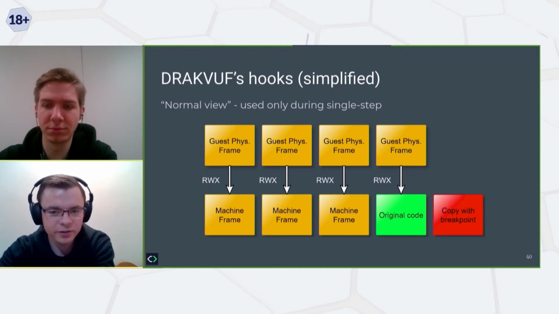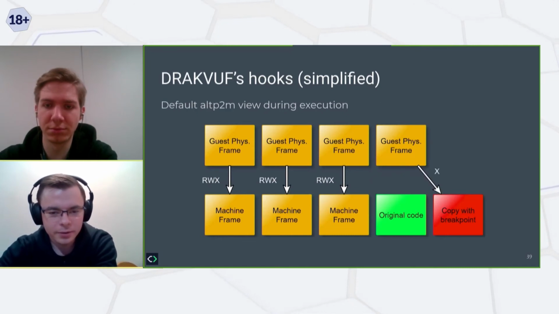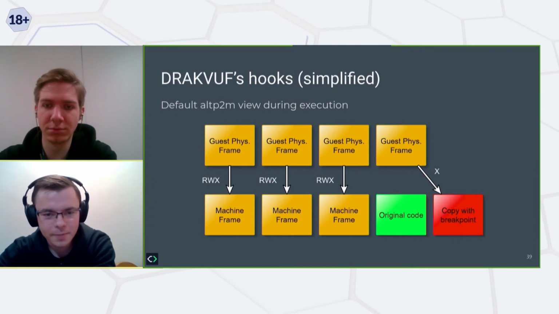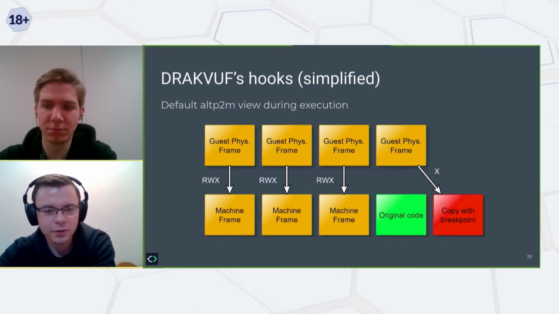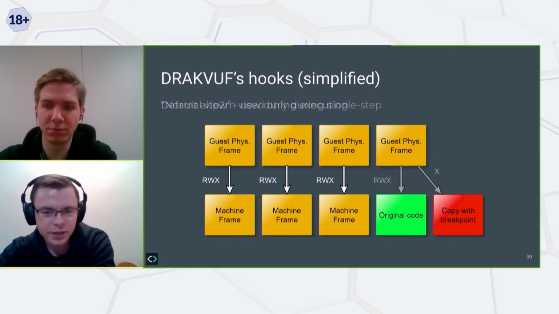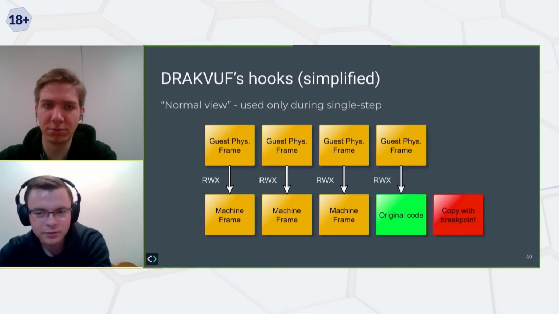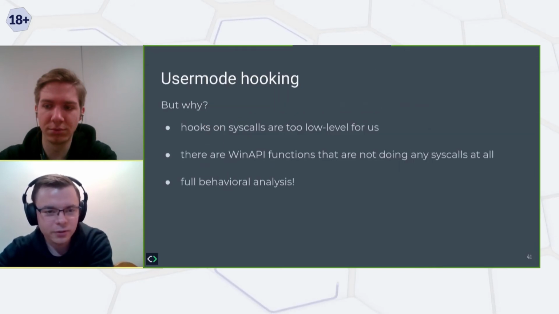Then a single step in the virtual machine is performed, and then we are back to this kind of mapping. So when this would execute again, we will catch this breakpoint. And this way, these breakpoints are stealthy. The virtual machine is not able to detect them, because once it would try to read this page, we are switched here, and it's fooled by the original code, but it's not actually executing.